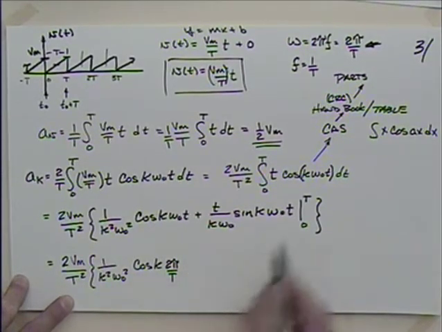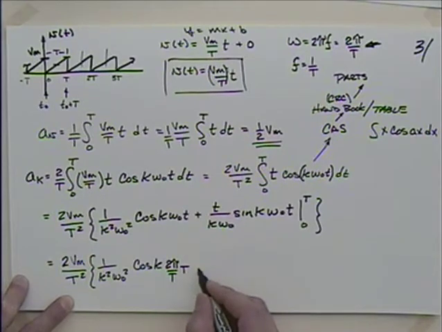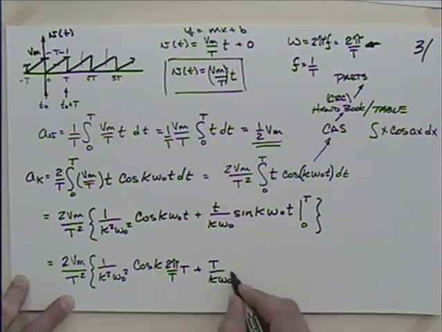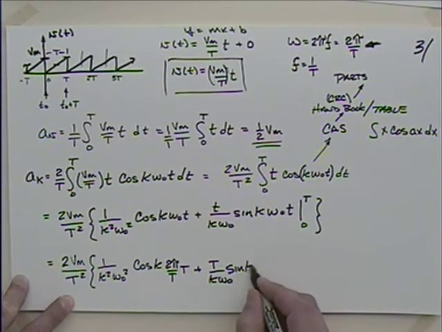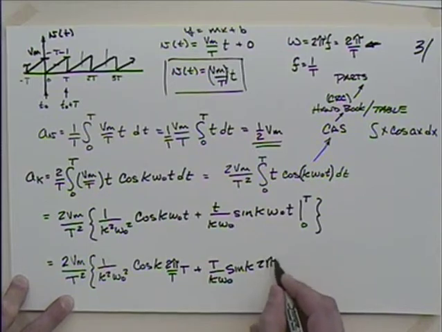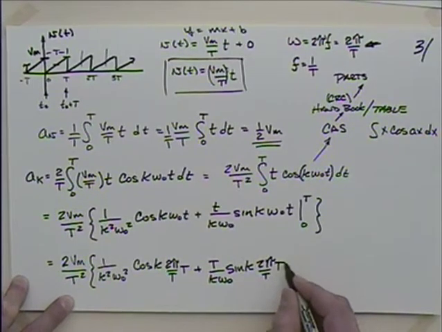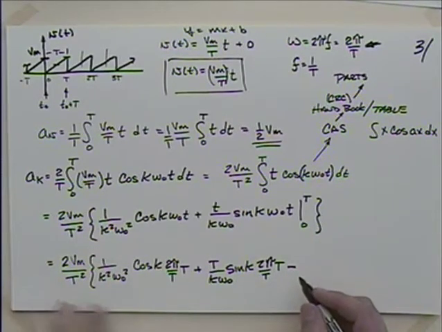And then when I put in the upper limit, I have T. And I will add to it, putting in the upper limit here, I get T over k omega naught, sine k, 2 pi over T times T. Then I have to put in the lower limits, right? So I'm going to be subtracting the lower limits.